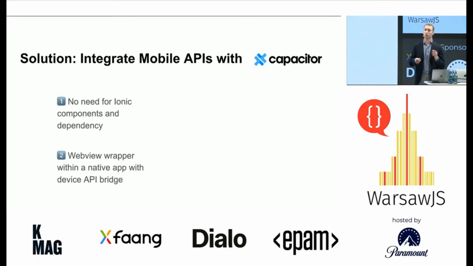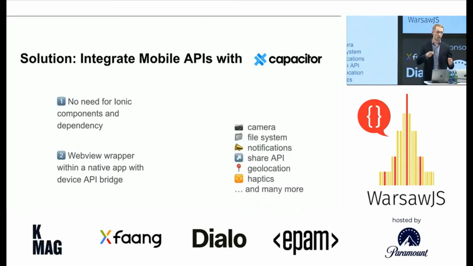And this way, there is no need for Ionic components and dependency at all, because Capacitor is simply a web view wrapper inside the native application, which provides you a bridge from your Angular or from your front-end code to the device API. And with this you can access many features like camera, file system, notifications, geolocation, and many, many more.